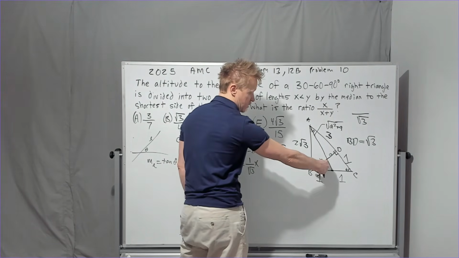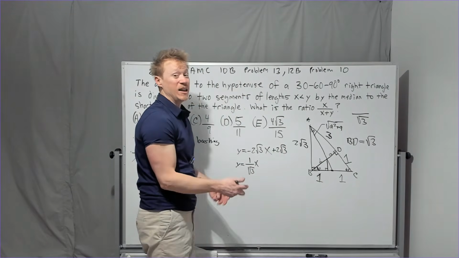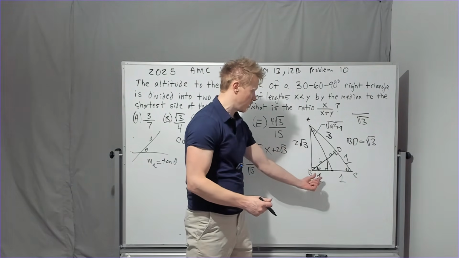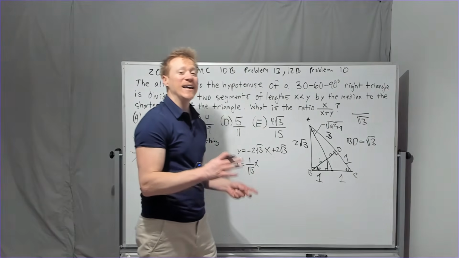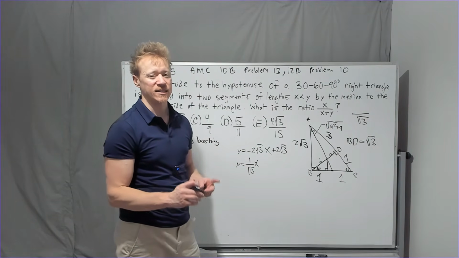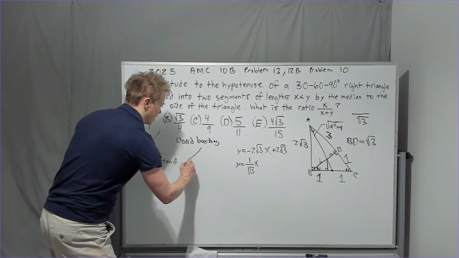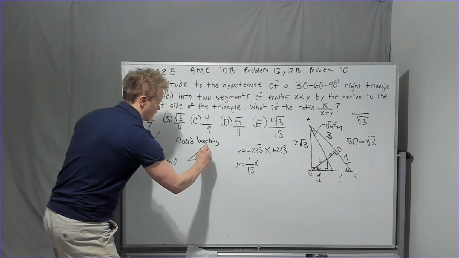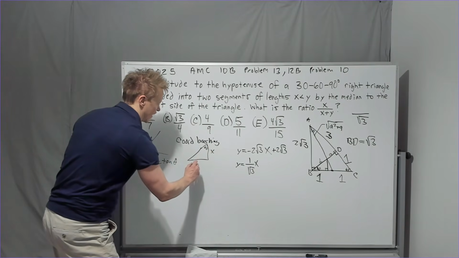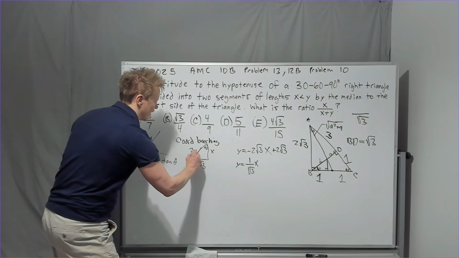So your rise is 1, your run is root 3. You don't really care what this length is. Don't look at this 1. It's the generic 30, 60, 90 proposition that you're looking like this. So this is 60. This is going to be x root 3, and 2x.